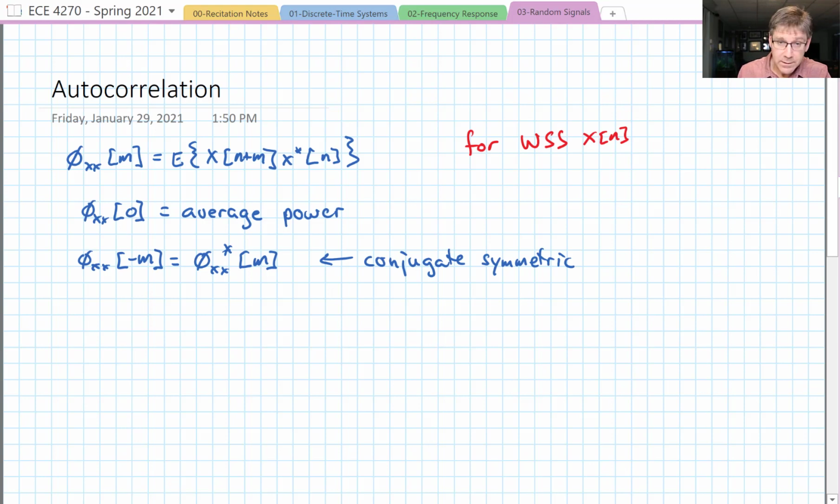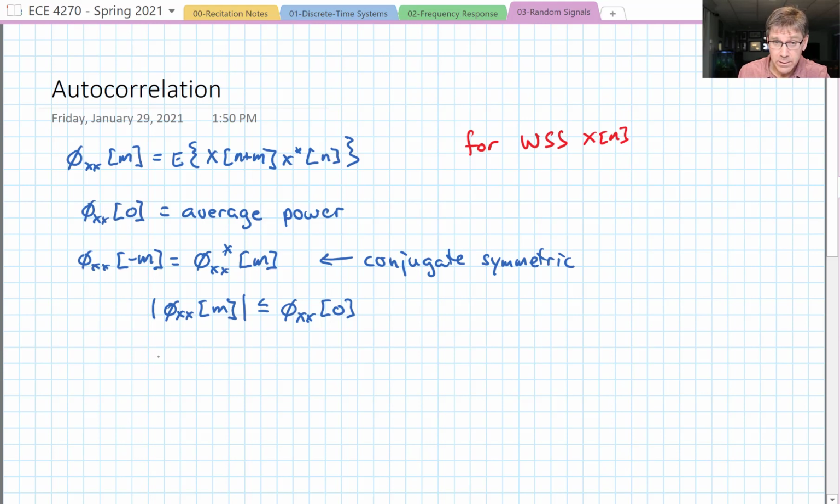And not only that, but it has a peak at a lag of 0. Furthermore, it tends to decay over distance.